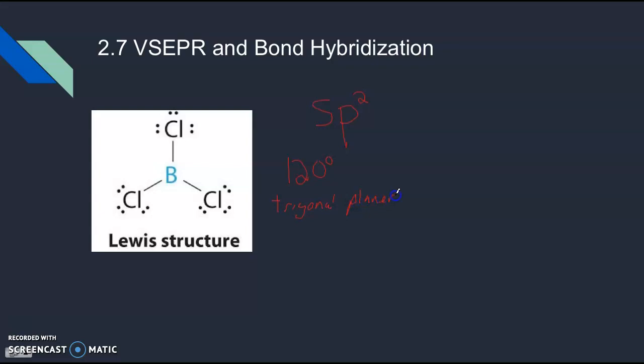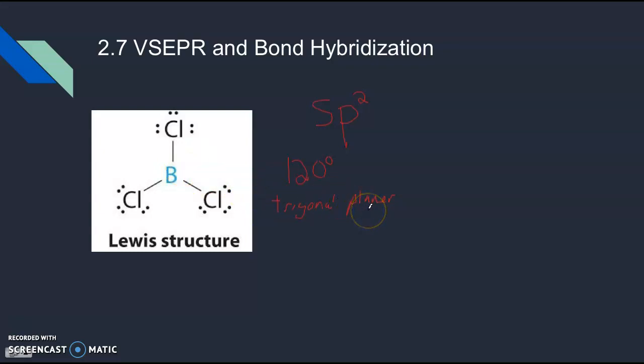So sometimes there's some confusion between trigonal planar and trigonal pyramidal. Trigonal planar is when we have no lone pairs of electrons on the center atom. Trigonal pyramidal, like we saw in the previous slide, has a lone pair on the center atom, like NH3.